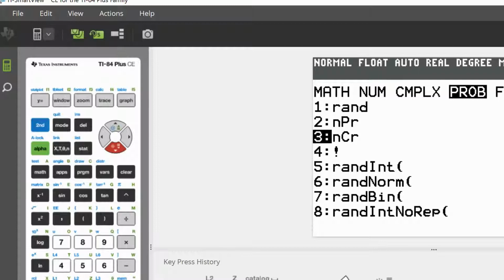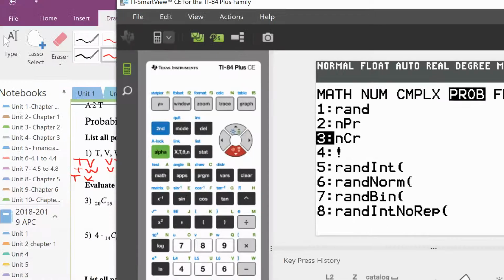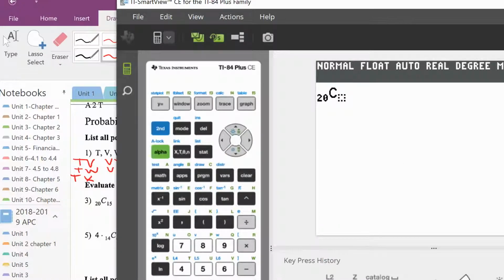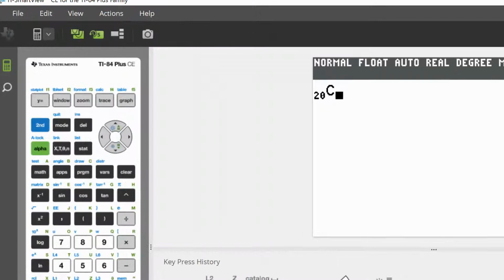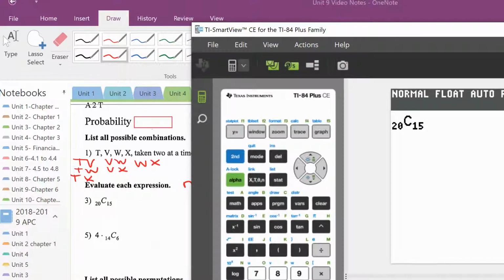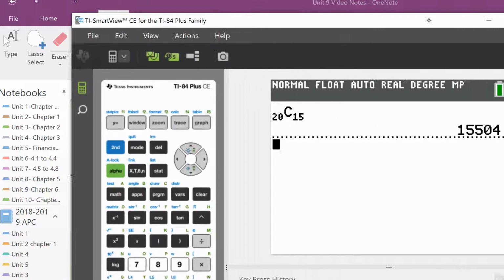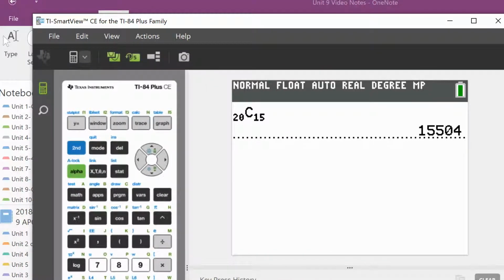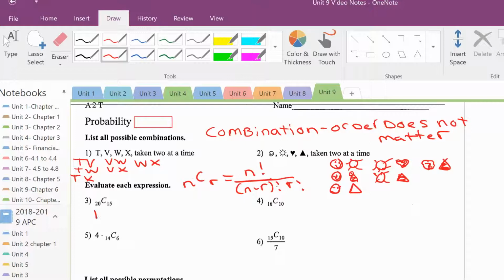You hit enter, and then you type in the next number, which is 15, and then you hit enter. There you go. Then you get 15,504.